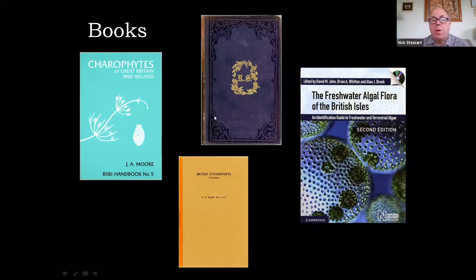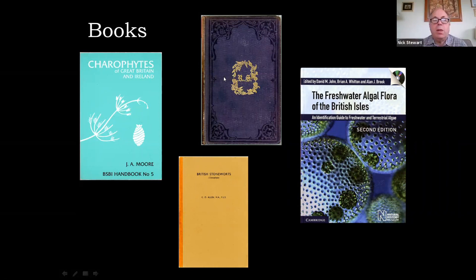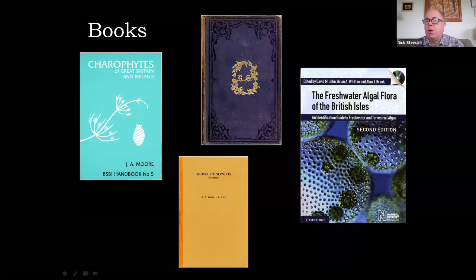But if you can get hold of this book, which is written in 2 volumes, 1920 and 24, Ray Society, it's British Charophyta, written by Groves and Bullock-Webster, there's a lot more discussion about what you might confuse it with, and these are the characters, and these are the variations to look out for.